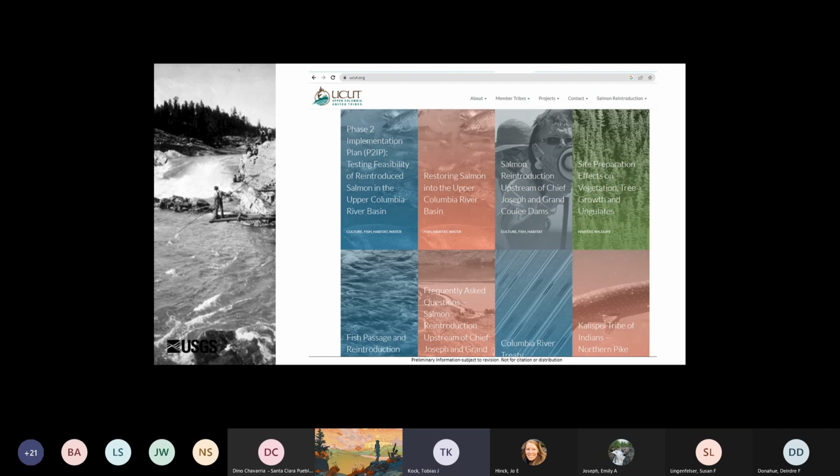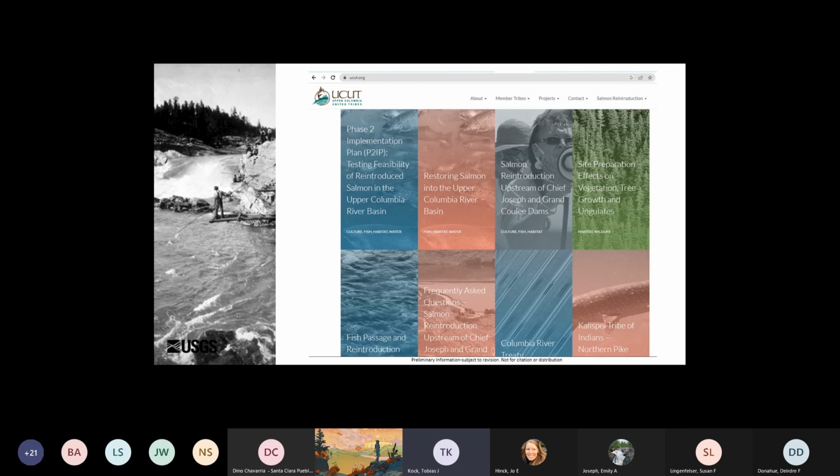UCUT.org vignettes include: Phase 2 Implementation Plan. 1. Testing feasibility of reintroduced salmon in the Upper Columbia River Basin. 2. Restoring salmon into the Upper Columbia River Basin. 3. Salmon reintroduction upstream of Chief Joseph and Grand Coulee dams. 4. Site preparation effects on vegetation, tree growth, and ungulates. 5.